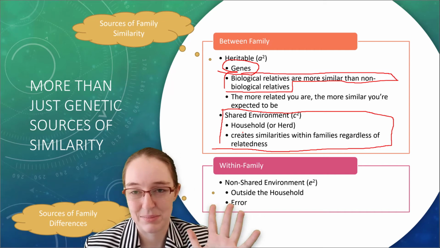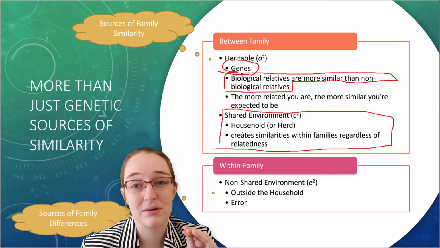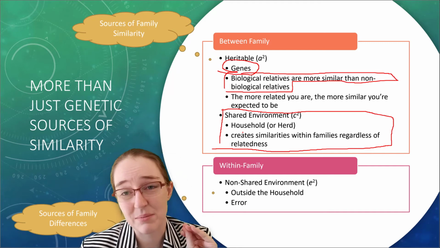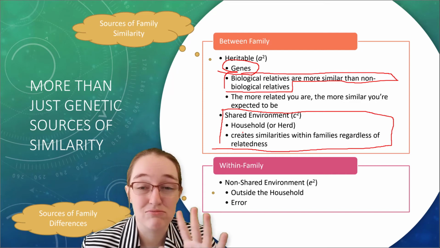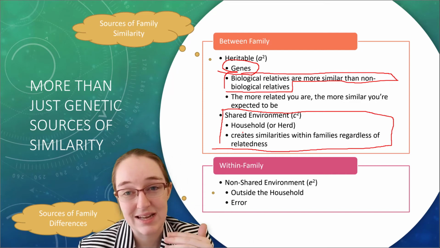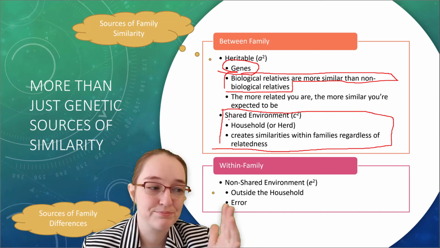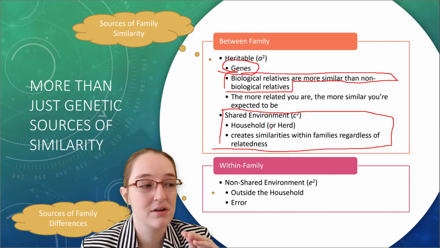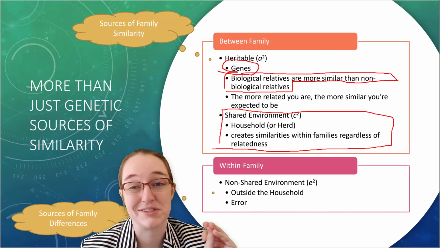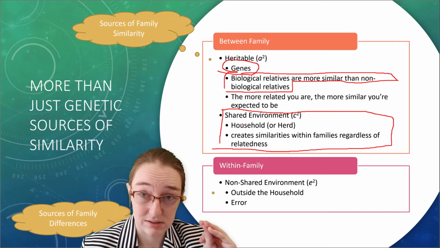The idea is that they are more similar because of their common environment, their shared environment. Like twins raised together versus raised apart. If identical twins raised together are more similar than identical twins raised apart, that suggests the environment they have in common is influencing the trait.